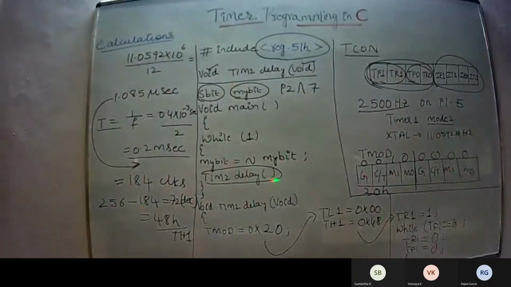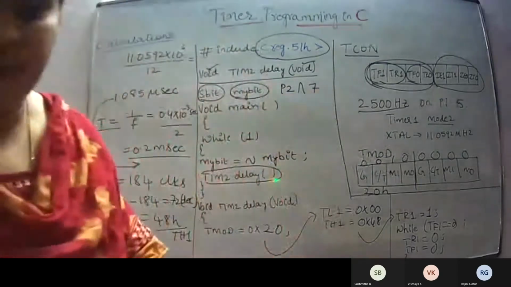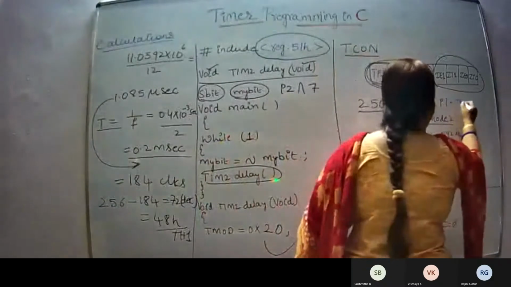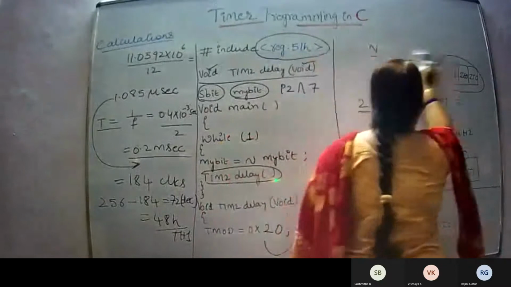Write an 8051 C program to monitor the switch and create the following frequency on P1.7. A switch is connected to P1.5, and a frequency should be generated on P1.7.